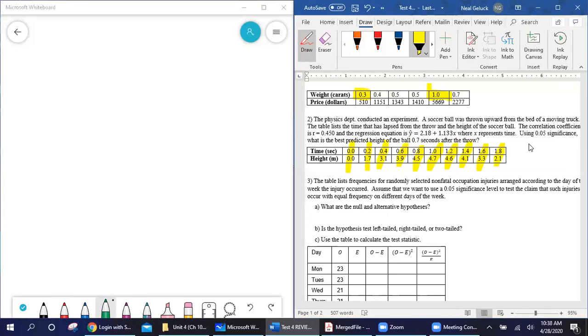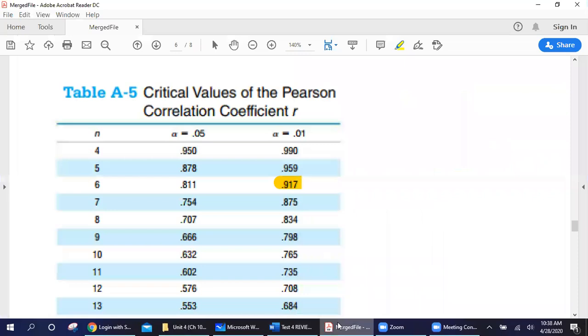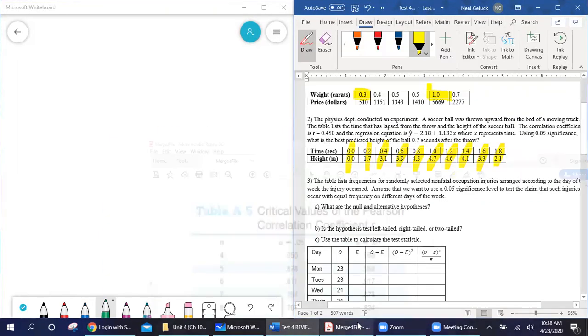And I'm using 0.05 significance. So 10 and I'm using 0.05. That means I have to be at least 0.632 for my R value. But I've got 0.450.